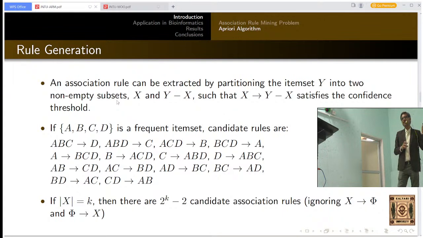But while computing the confidence values of the rules, you have already computed the support values and you can keep them in memory, in some data structure. You can use those support values to compute the confidence values of the rules. You don't have to access the actual data set.